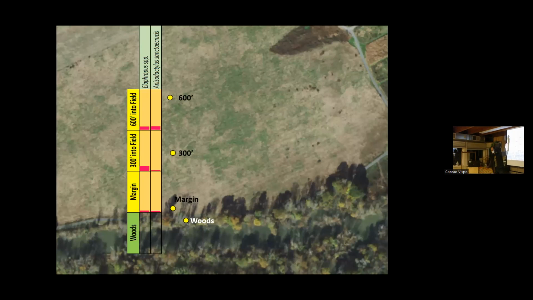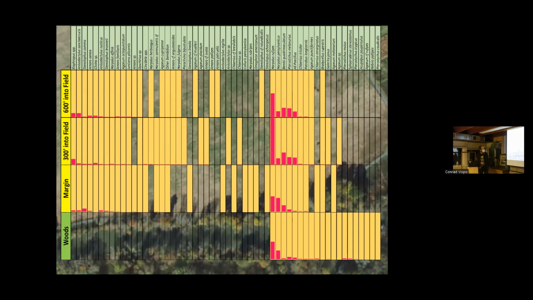There are many more species. Don't worry about the names, but up across the top in very small print are the names of the different ground beetles. The point is to look at the patterns. When you look at this set of ground beetles, you have many species which we only have recorded in the field.